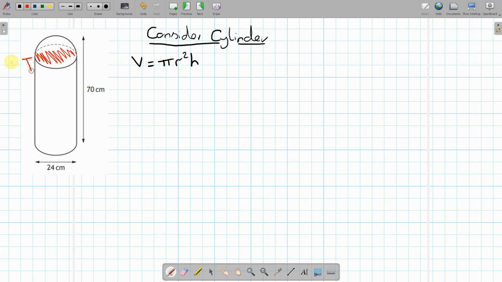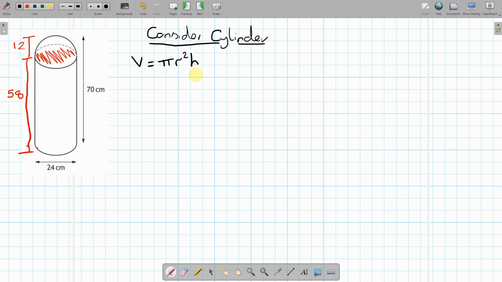Now, the 70 is for the entire shape. However, the cylinder is not 70 centimeters, because this considers the hemisphere's height as well. Now, if the hemisphere's diameter is 24, that means its radius must be 12. Which means if we do 70 take away 12, we are left with a height of 58.